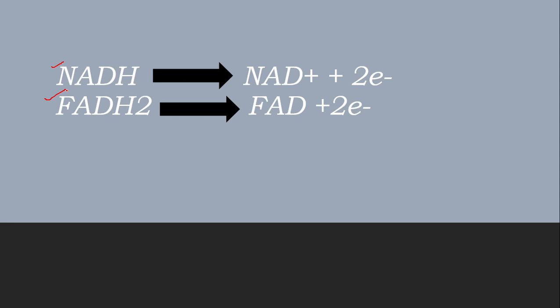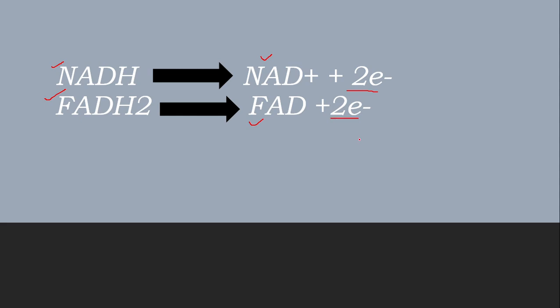Now NADH and FADH2 will be converted into their products, and the electrons are released. First of all, NADH will break down into NAD positive, and there will be the release of 2 electrons. Similarly, FADH2 will also break down into FAD positive and will also release 2 electrons.